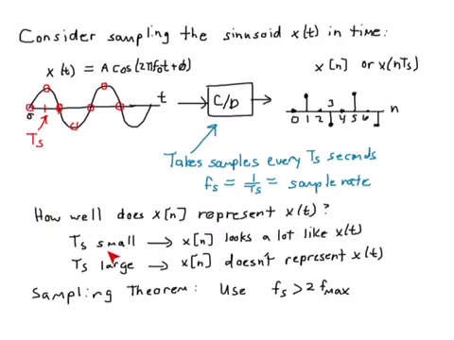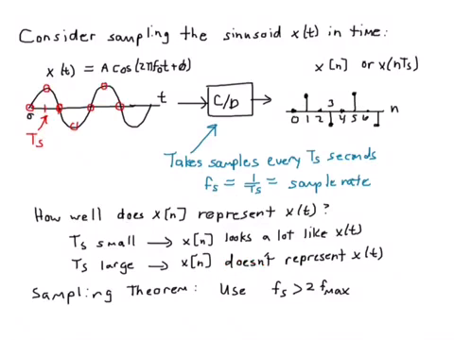If Ts is small, with samples really close together, then x[n] will look a lot like x(t). But if Ts is large, with samples spread far apart, then x[n] won't look much like x(t), and we probably won't be able to get x(t) back from our samples.